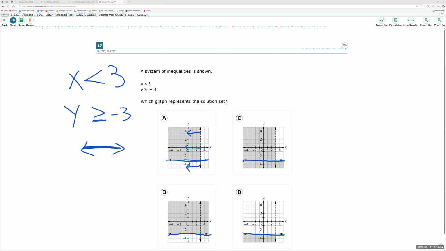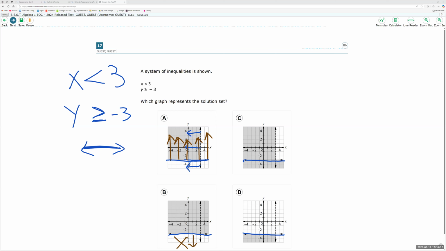But then Y is greater than -3. So all the numbers that are greater than -3 are going to be up here. So to solve the system is the intersection. This one, the brown arrow will go down, so this cannot be.